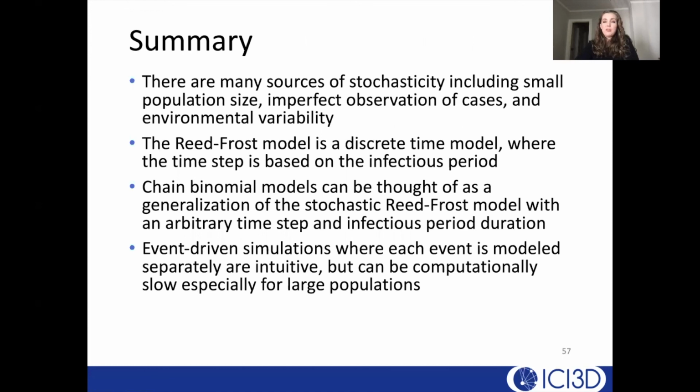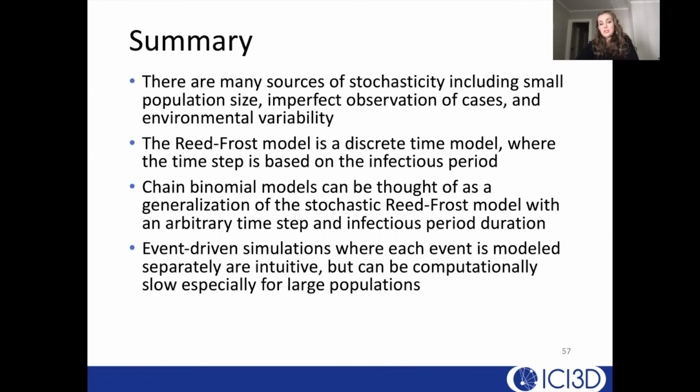The Reed-Frost model is a discrete time model where each time step is based on the infectious period, and the simple Reed-Frost models can be extended to chain binomial models once we start introducing stochasticity and link these probabilistic events that have arbitrary time steps and infectious period durations that are not fixed.